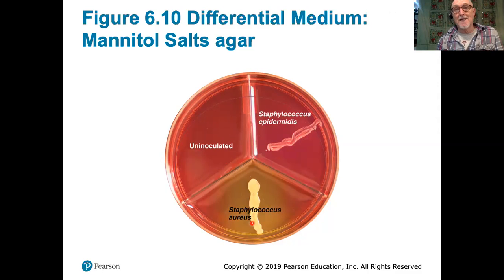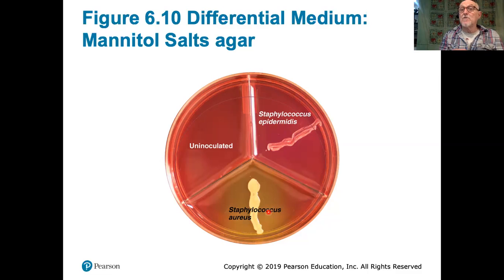It is actually selective, strongly selective for Staphylococci. Why? Well, have a look at the name here, and you'll have a clue. Staphylococcus epidermidis grows on the skin. So does Staphylococcus aureus.